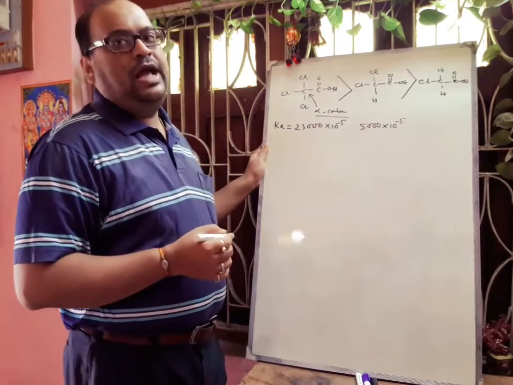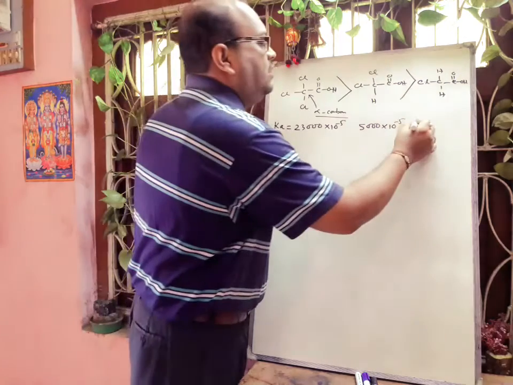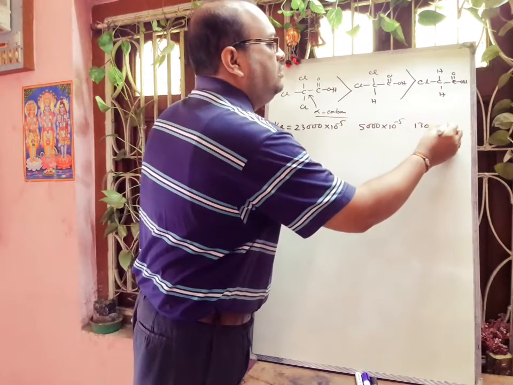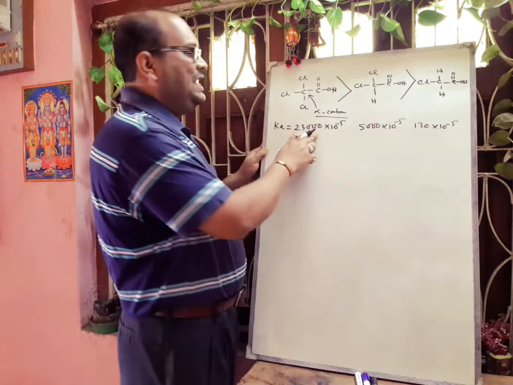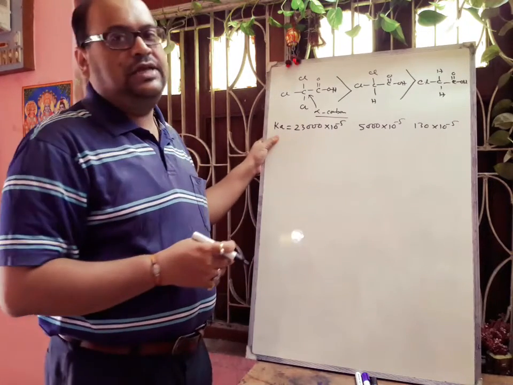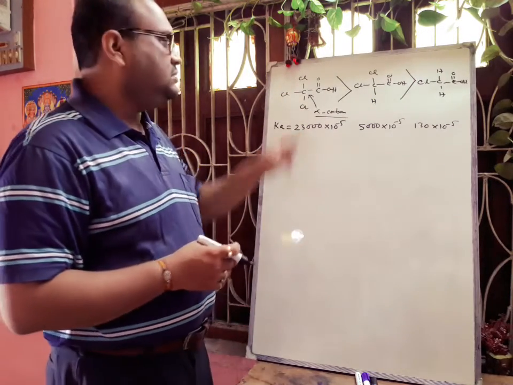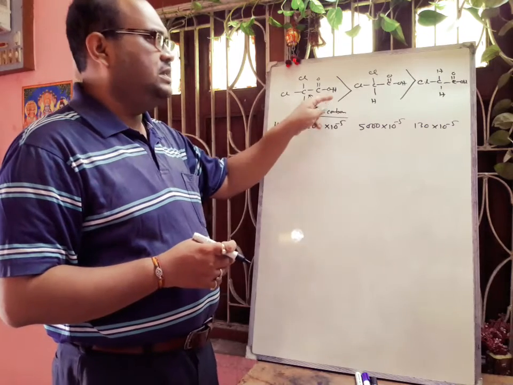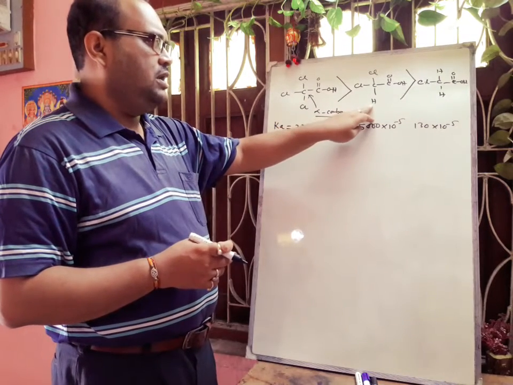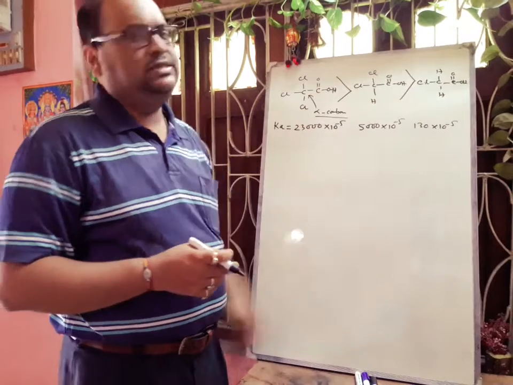And in the monochloroacetic acid, its value will be around 130 into 10 to the power minus 5. So the value of Ka is higher in case of trichloroacetic acid, definitely the strength will be higher. So the order will be like this. This one is the most acidic, then it is less acidic compared to this one, and this one is the least acidic.